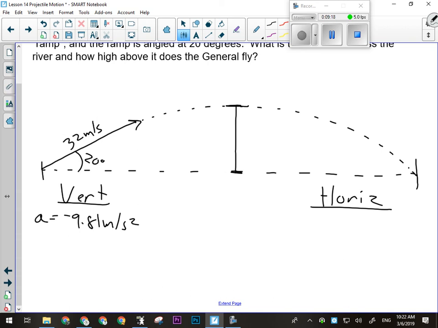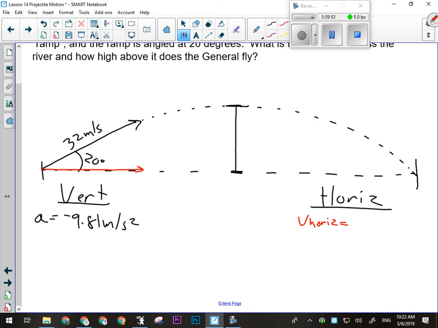We know that when it leaves the ramp, it's moving at a velocity of 32 meters per second directed 20 degrees above the horizontal. So this is a vector. This is my velocity vector, or my projected vector. That vector has a horizontal component. And since this is a velocity vector, this horizontal component is going to be my constant horizontal velocity that the General Lee will travel at throughout its entire flight.